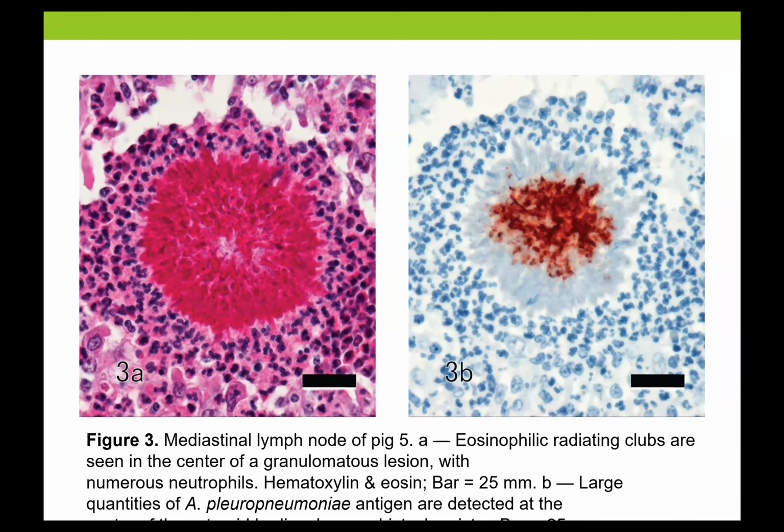So these are pathognomonic, meaning that if you see these lesions, then you can automatically say this is caused by Actinobacillus pleuropneumoniae. So this is basically the bacteria being contained by the neutrophils and other inflammatory cells, your macrophages, etc., forming the granuloma around the bacteria.